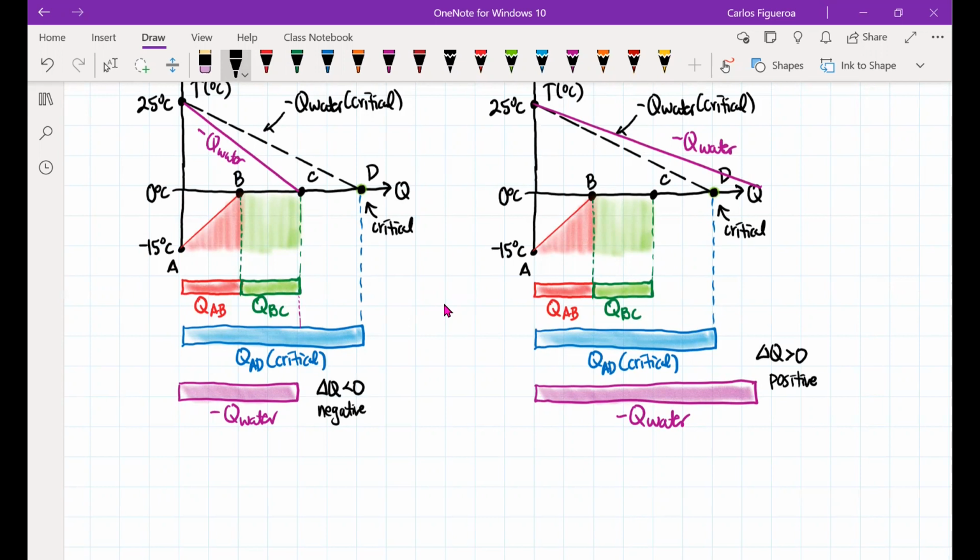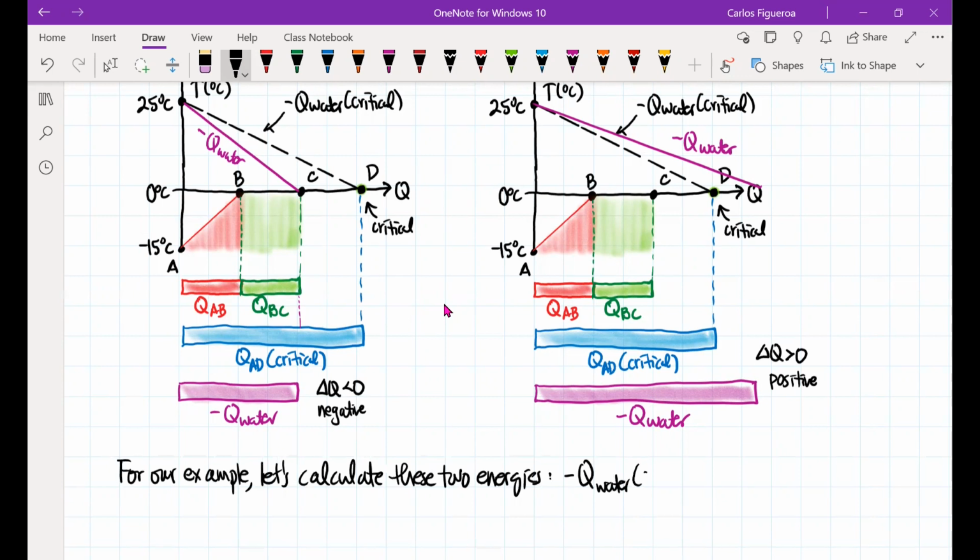For our example, let's calculate these two energies. Remember what they are: they're minus Q water at the critical point versus QAD critical. So let's do that.